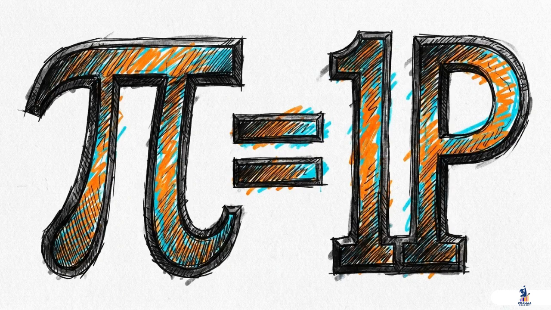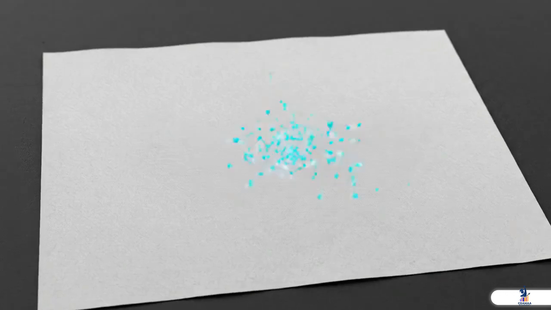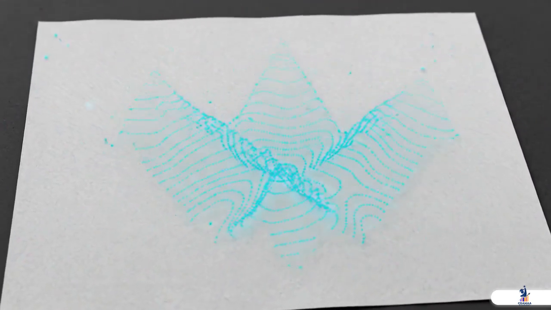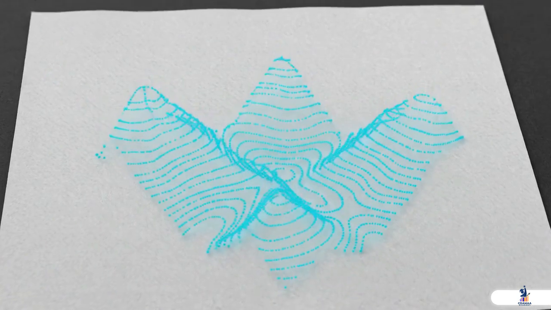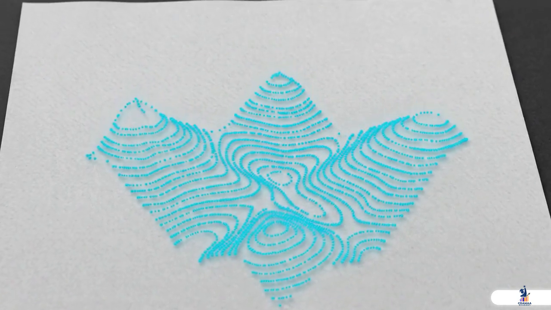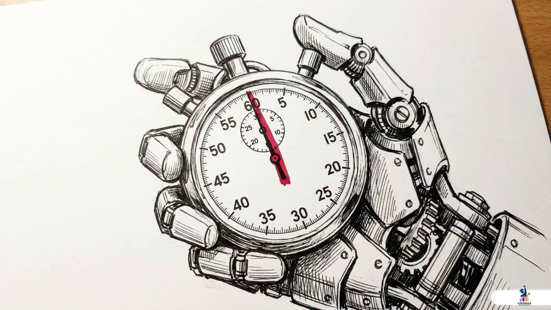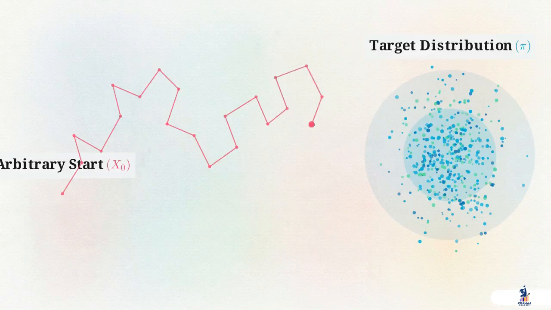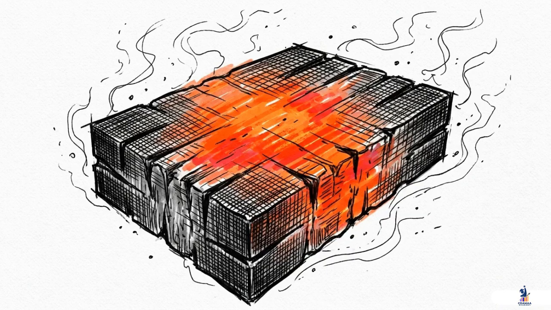By enforcing this acceptance rule at every step, the particle's movement perfectly satisfies the steady-state equation. We force the chain's long-term behavior to match the target topography. There is an operational reality to this process. Because the particle's starting position was chosen arbitrarily, the earliest steps of the chain do not accurately represent the target distribution.